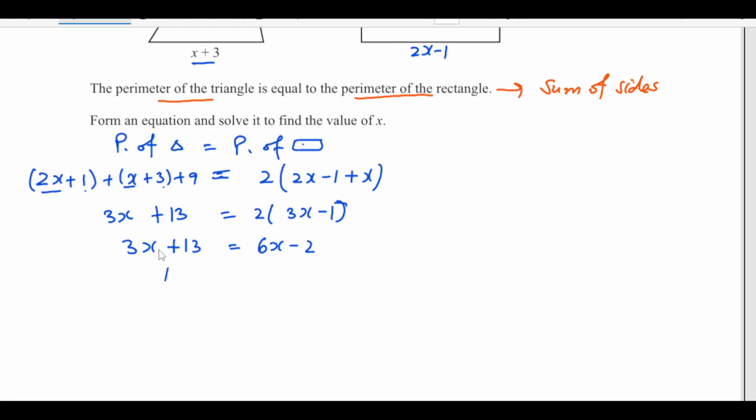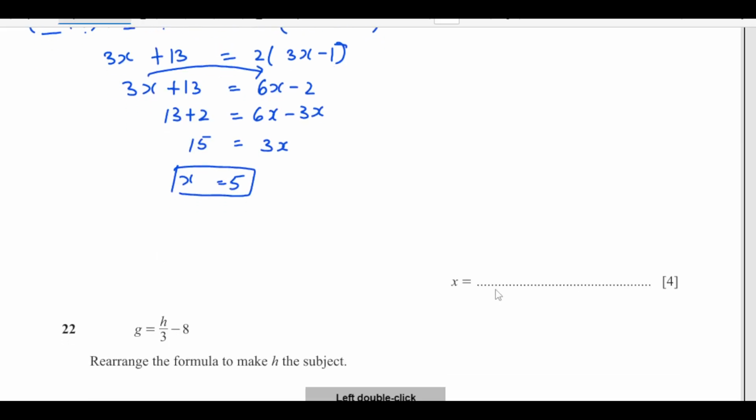Now, I am bringing 13 to this side and taking 3x to the other side. So, minus 3x, this is 15 equals 3x, x is 5. That was our question, to find the value of x. So, x is 5 here.